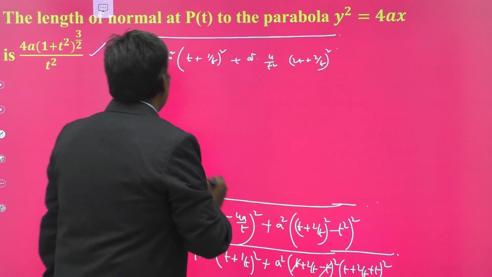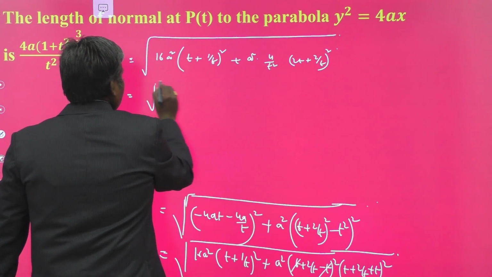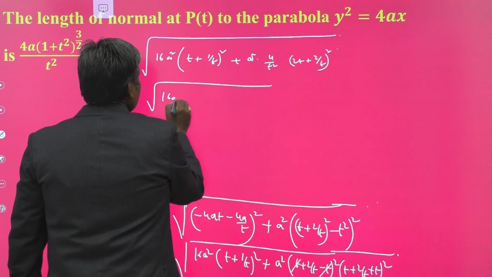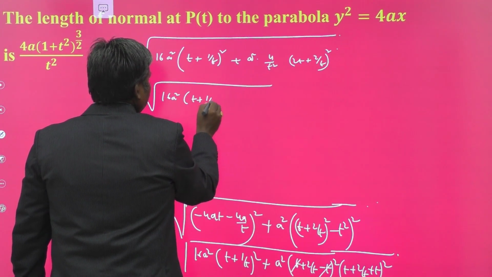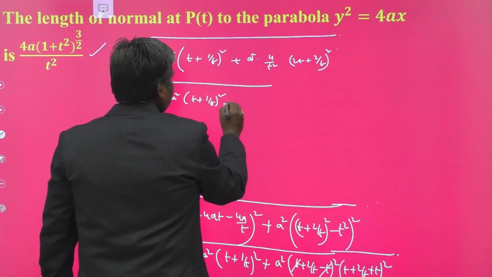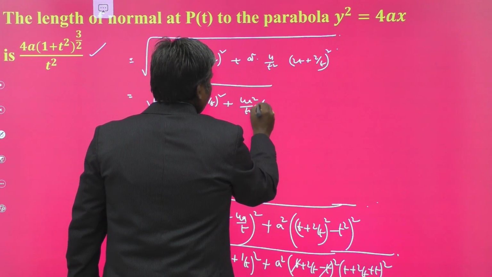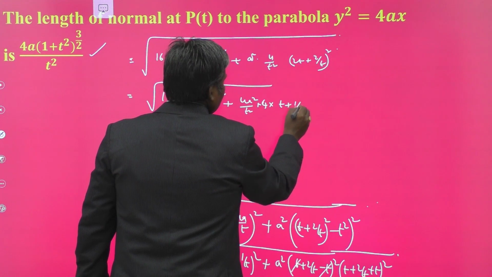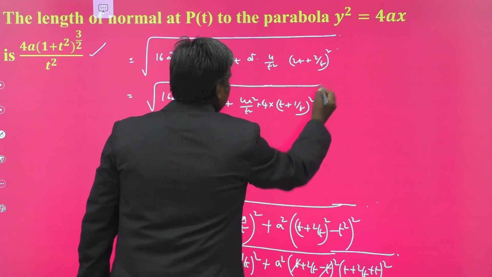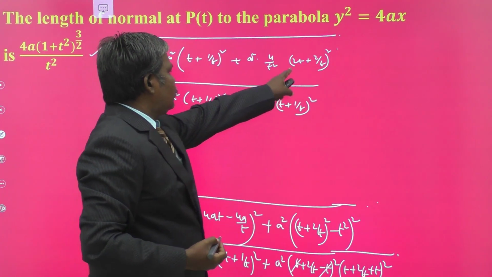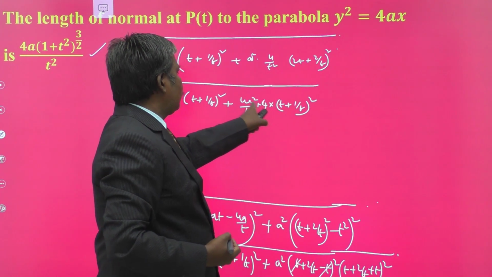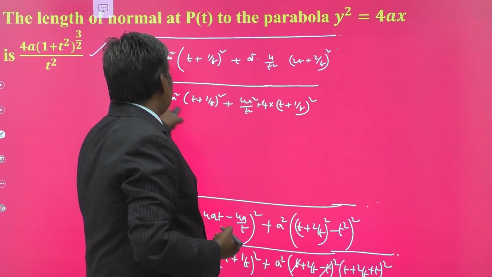So that is the square root of 16a square (t plus 1 by t) whole square plus 4a square by t square into 4 into (t plus 1 by t) whole square. If you take 2 outside, that becomes 4. 4 fours are 16a square, 16a square.